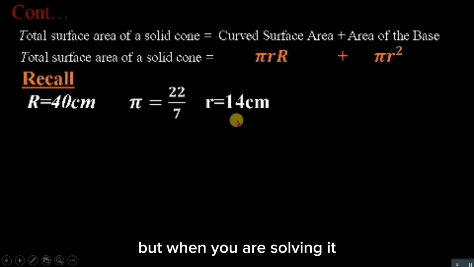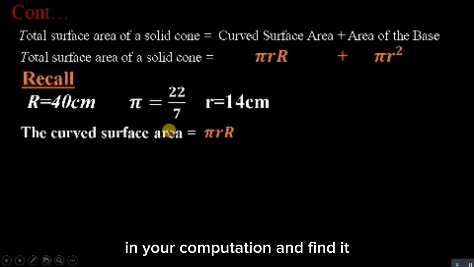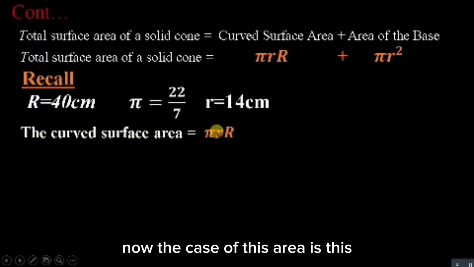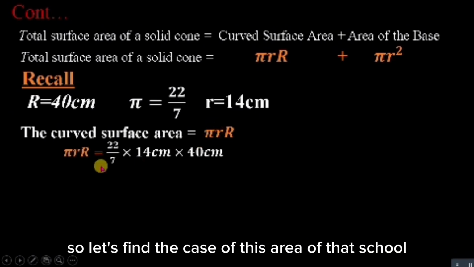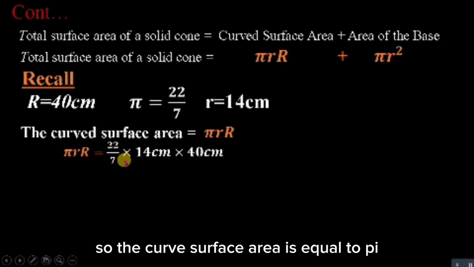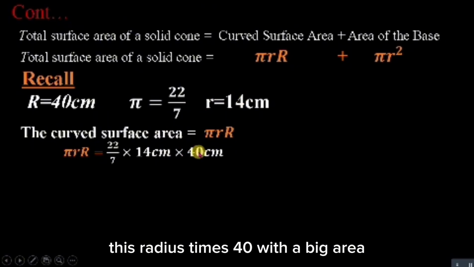Now, the curved surface area is this. So let's find the curved surface area of that cone before we get the base area. The curved surface area is equal to pi, and pi is 22 over 7, times 14 centimeters, this 14 here being the base radius, times 40, which is the big R, the radius of the circle where the sector was carved out.